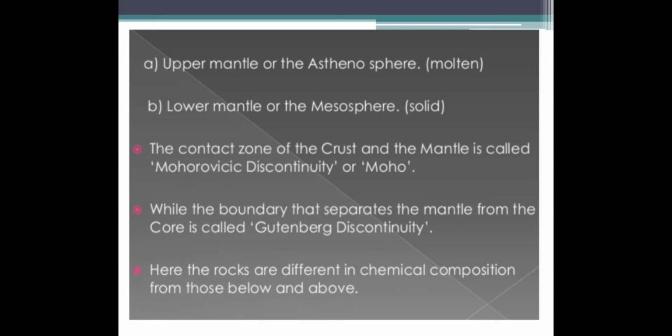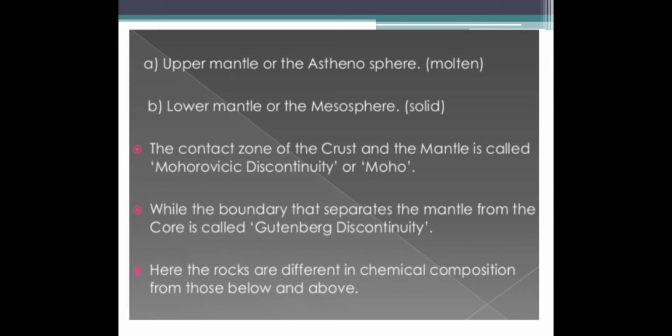The contact zone of crust and mantle, so where the crust finishes and the mantle begins, is called the Mohorovicic discontinuity or MOHO, while the boundary that separates the mantle from the core is called the Gutenberg discontinuity. Now these names, Mohorovicic and Gutenberg, are the names of scientists.